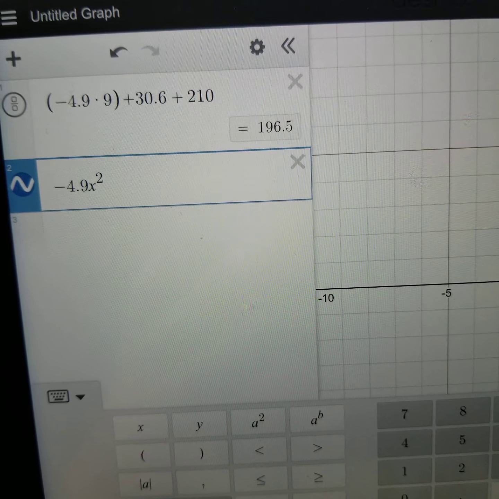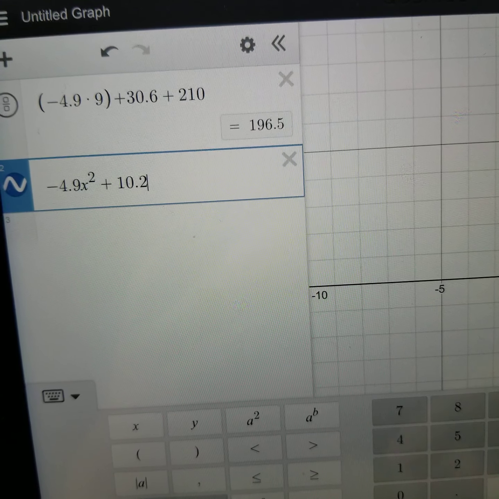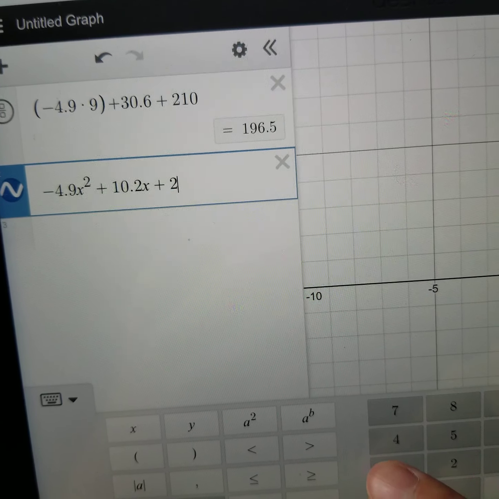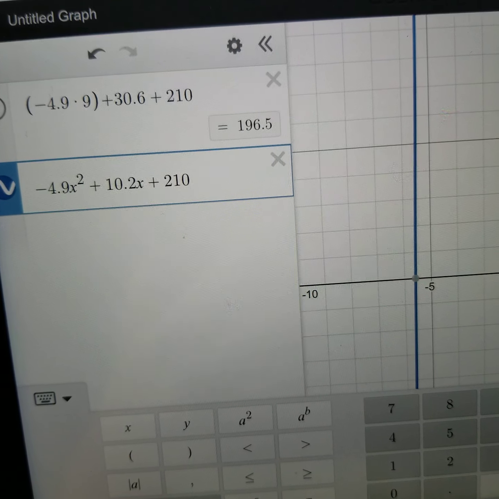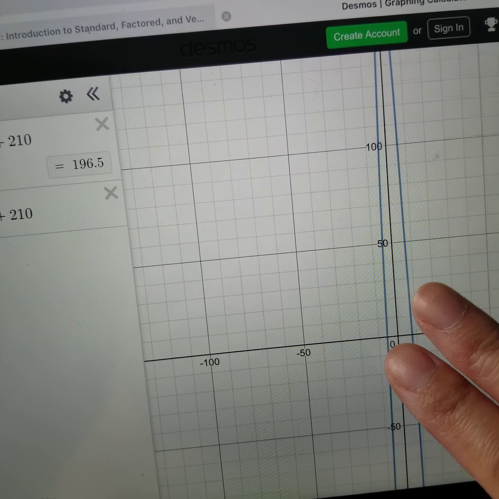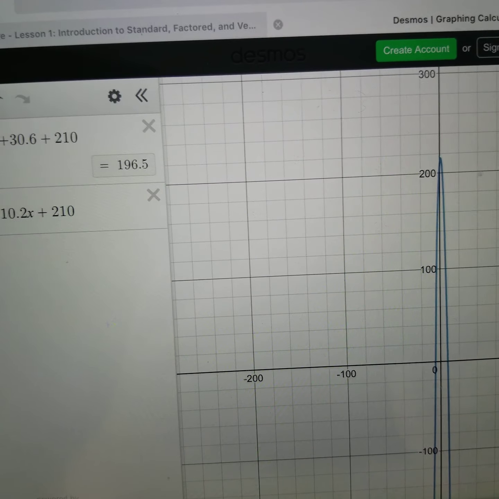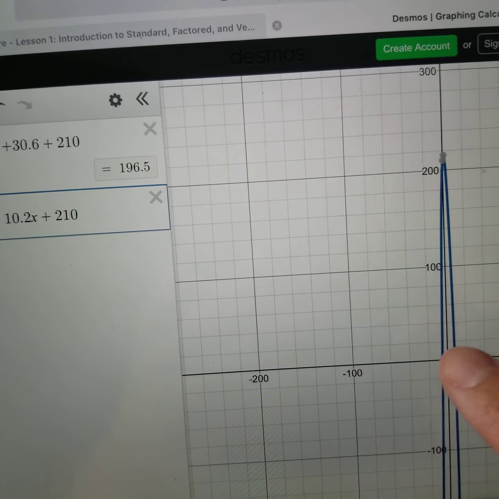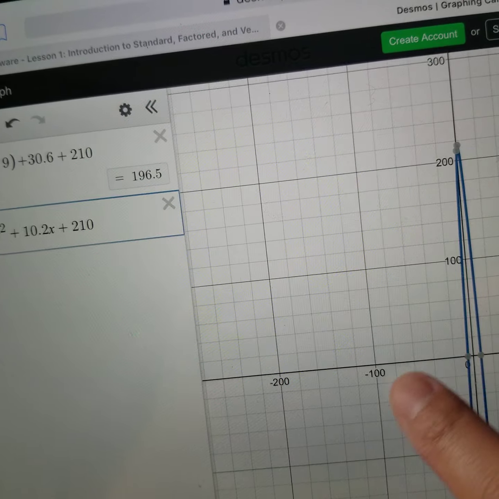And then we're adding 10.2 x. And then we're adding the 210. So when I look at this parabola, yes, it's opening down. We're happy about that. It's a little bit obviously narrow because of the 4.9 that it's being multiplied by.